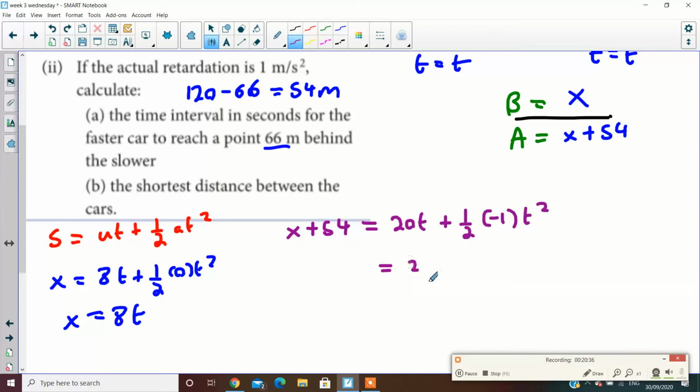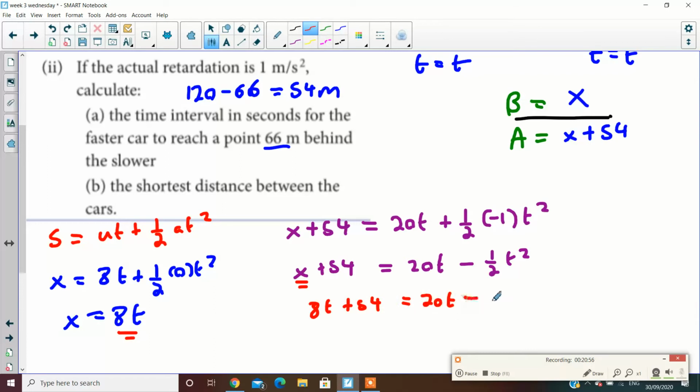So it's going to be 20t minus a half t squared. x plus 54. Once again, replace the x with at. So we're going to end up with at plus 54 equals 20t minus a half t squared.